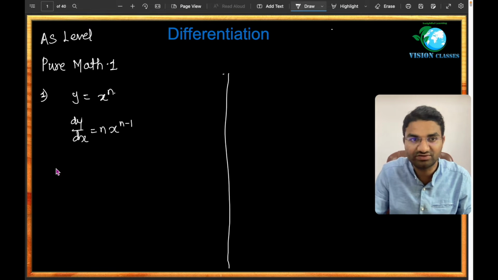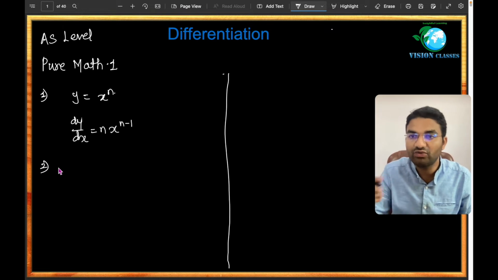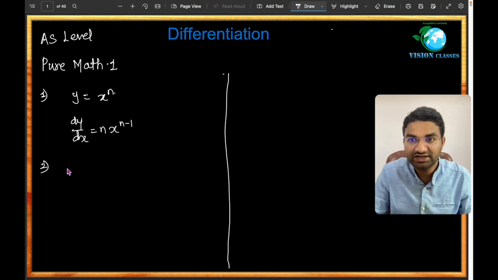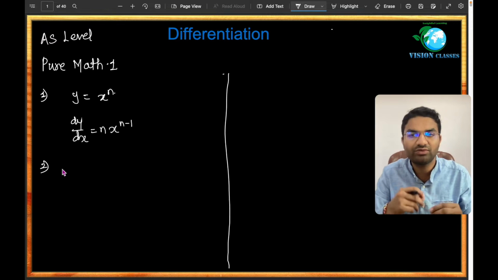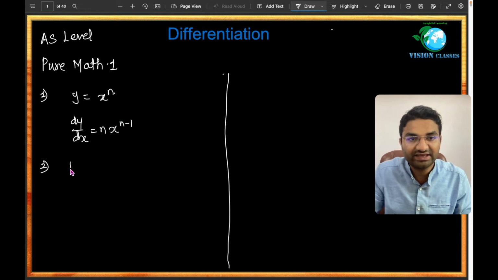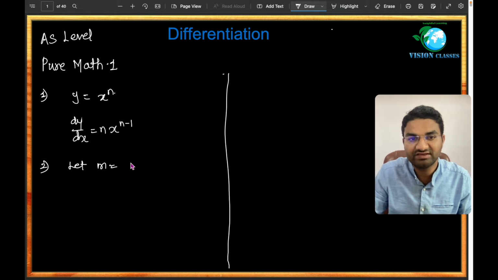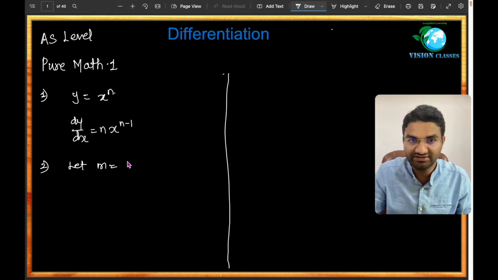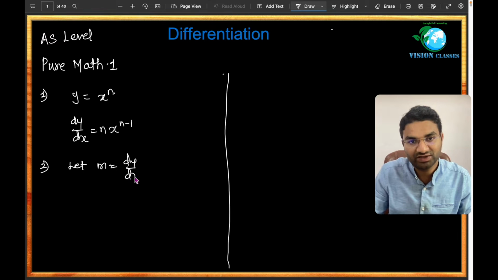This is the first one. Then secondly, you are required to find the equations of a tangent and normal in the case of differentiation, and you will get those types of questions in the exam. Let m, meaning gradient, be equal to dy by dx.